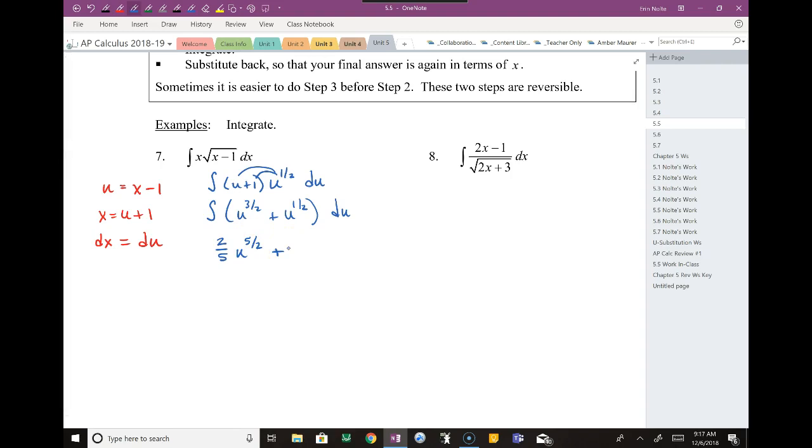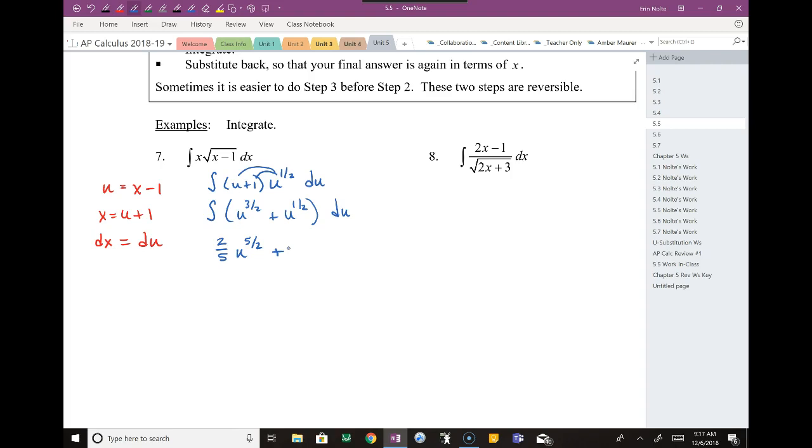So u to the 3/2 divided by 3/2. Question? Where'd you get the 5/2 part if it's 3/2 on top? Oh, so when I integrate, I add 1 to the exponent. So this is where I'm integrating the x. Oh, okay. No, it's like you can't combine x squareds with x's. They have to have the same exponent for you to combine them.